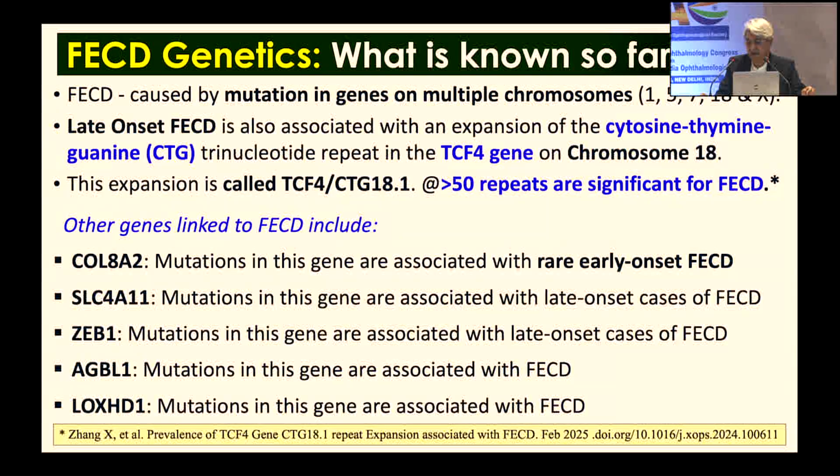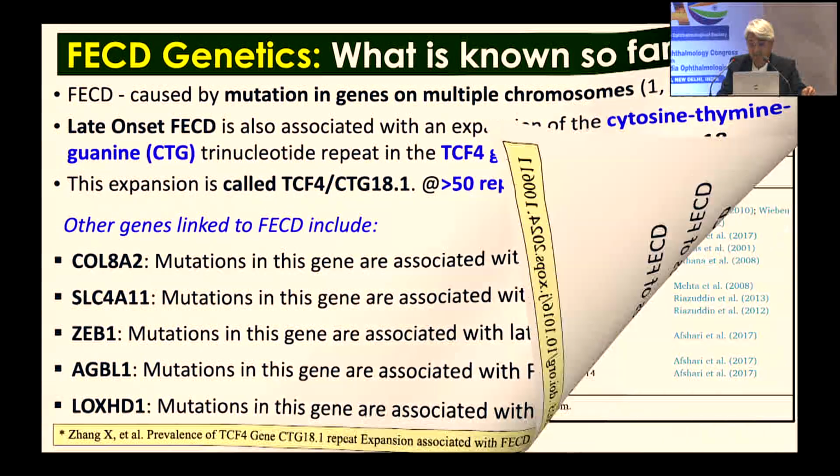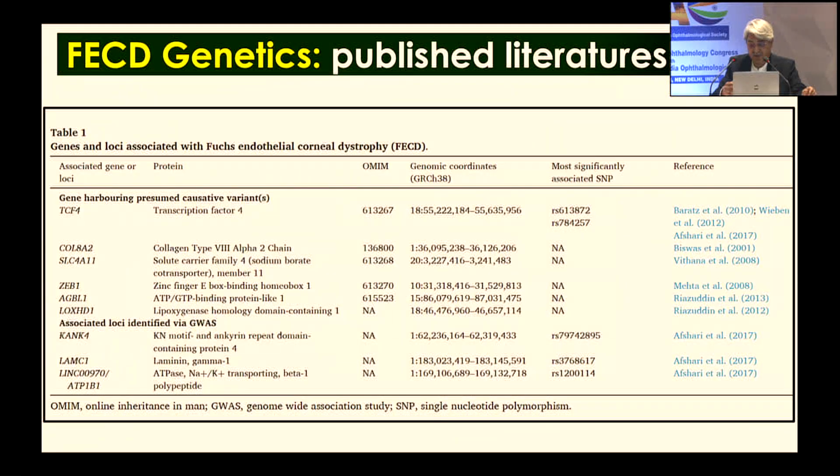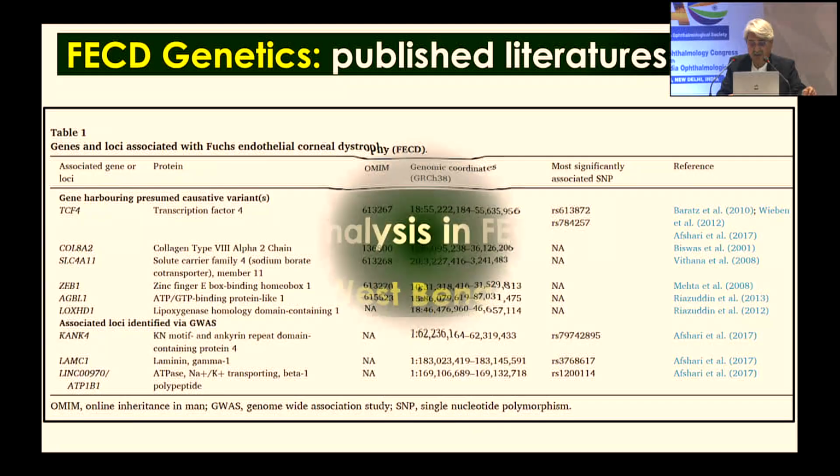At the same time, it also implies severity: the more repeats, the more severe the disease process. There are other genes also identified, like COL8A2, which is specially related to early onset FECD, and other genes. There is a lot of literature, and you can go and see this.